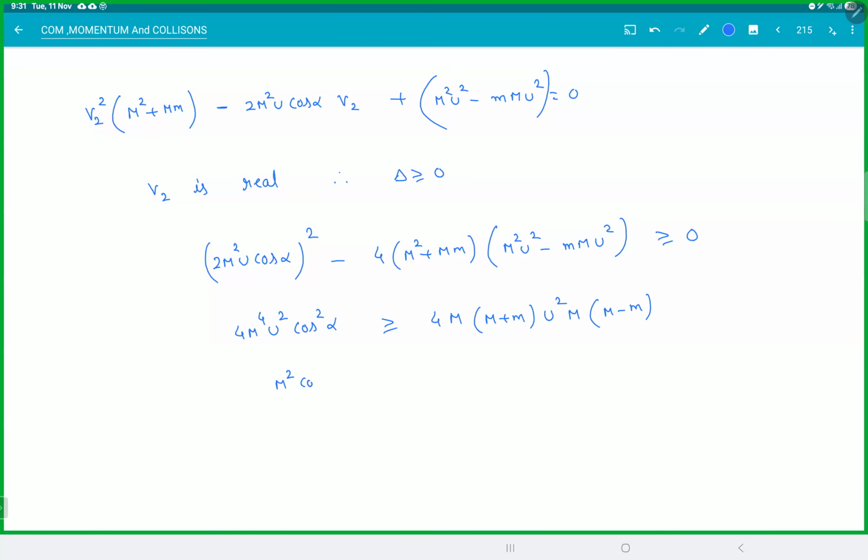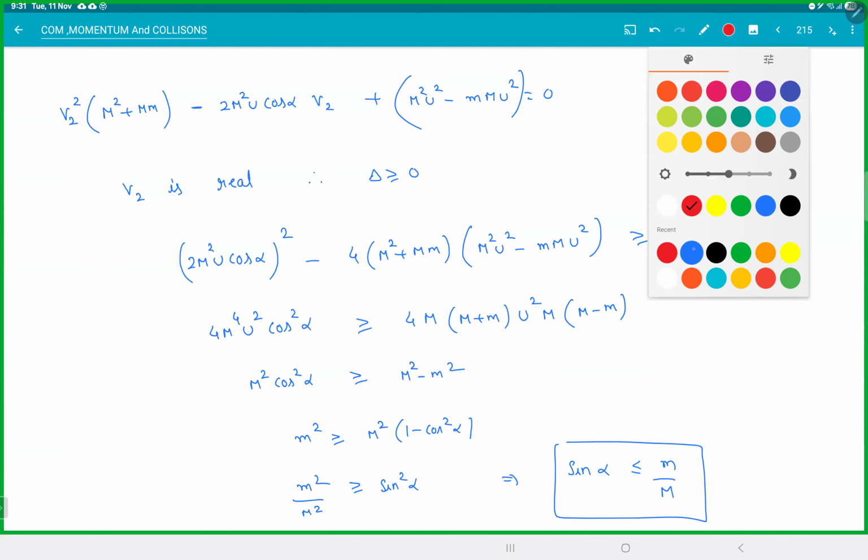You are stuck with M square cos square alpha greater than M square minus m square. Bring it this side. So m square must be greater than or equal to M square into 1 minus cos square alpha. You get m square by M square will be less than or equal to sine square alpha. So we get sine alpha must be less than or equal to m by M.